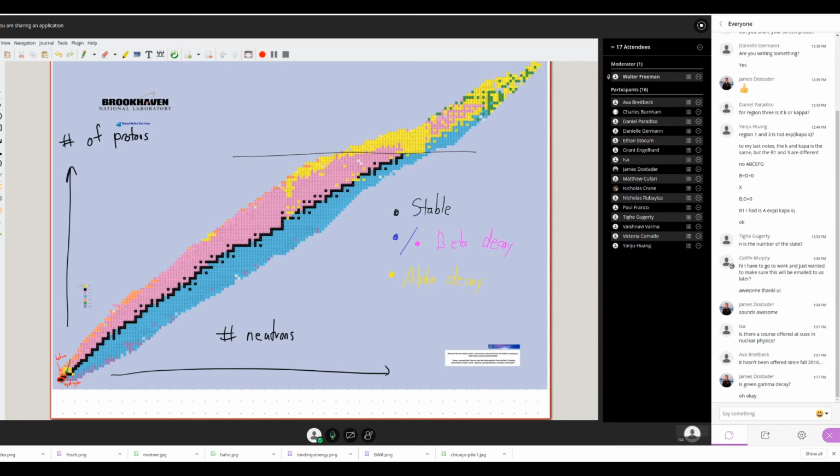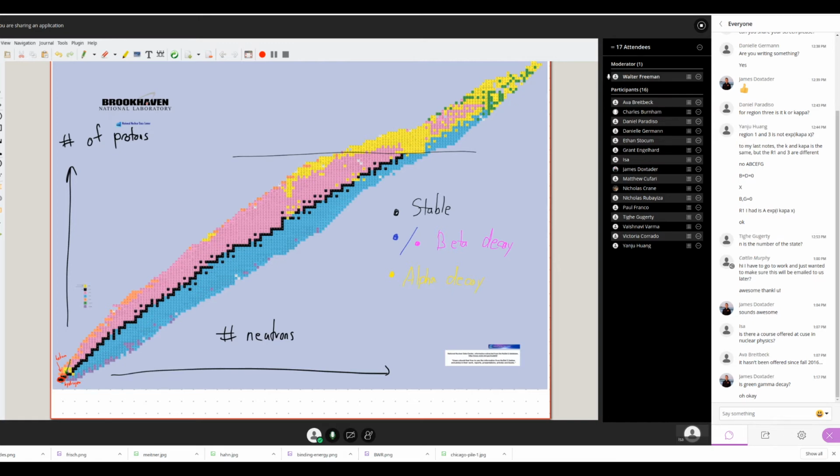Now let's talk more about what we see on Earth. Anything that is unstable, you would think, has decayed by now. You're not going to find a radioactive element lying around on Earth because even if it was there in the early Earth, it would have gone away by now.